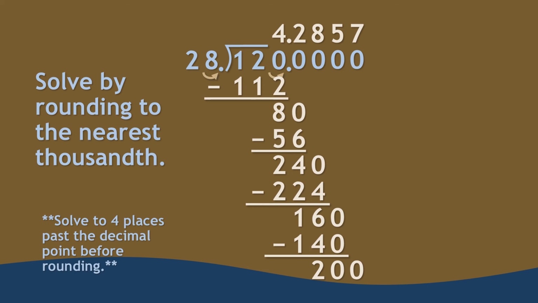Our 5 is in the thousandths place, so we're going to look 1 place beyond that to the 7. 7 is greater than 5, so that means our estimated answer is 4.286. Don't forget that when you're showing an answer that has been estimated, you use the little squiggly equal sign, and that tells me that that is your estimated answer. Okay?